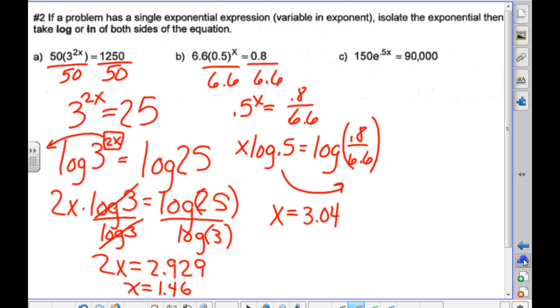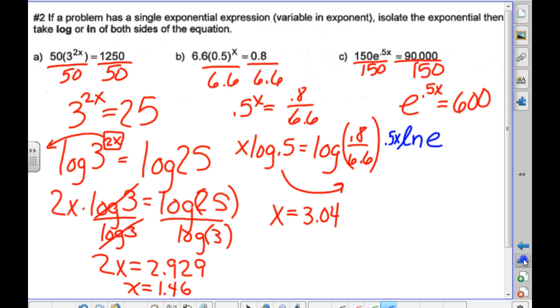All right, on this one, there's a little bit of a shortcut we could do. If we divide by 150, what do we get? 600. Okay, which kind of log do we want to use on this one? If we do ln, then when we bring the 0.5x out front, the ln of e is just 1, right? So that'll take care of itself. You don't have to type anything.